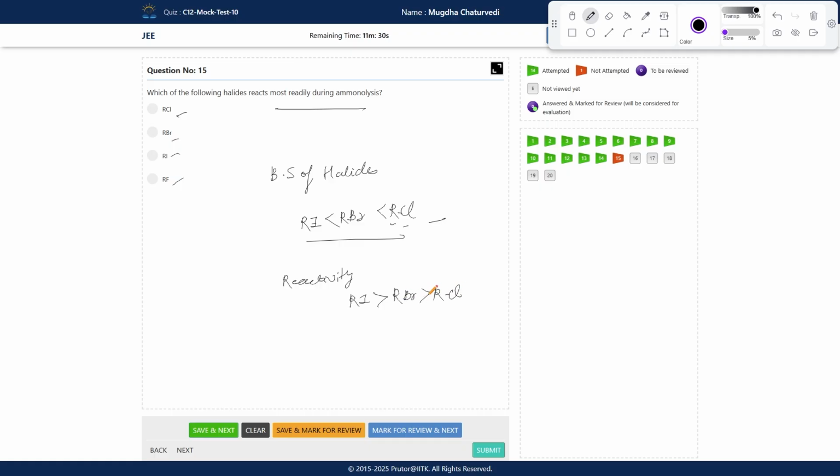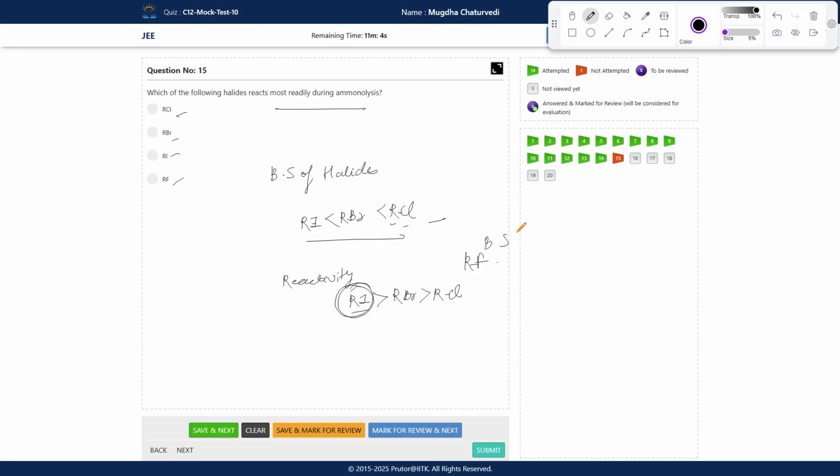Okay, this is because of the ease of breaking the carbon halogen bond. We can easily break the R and I bond because you will see this bond strength is least because iodine size is very much bigger. So you will see this bond is quite weak, which we can easily break. And if I talk about RF, then RF does not undergo ammonolysis as their bond strength is very high.